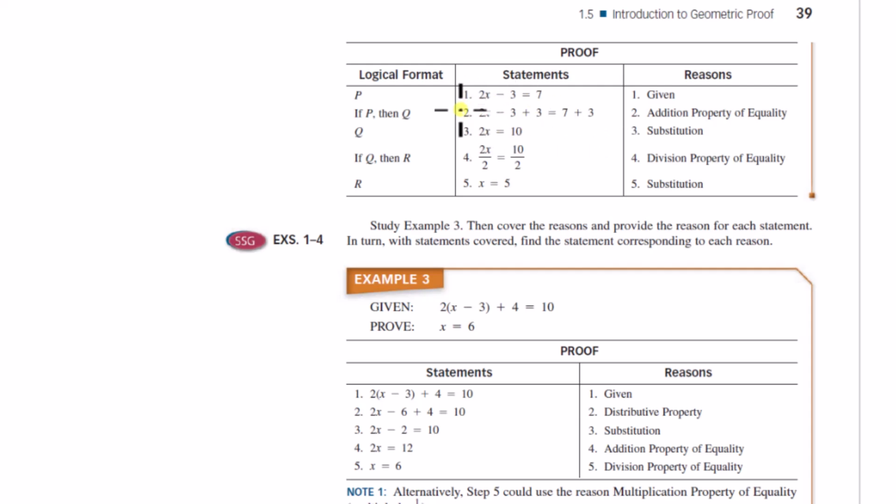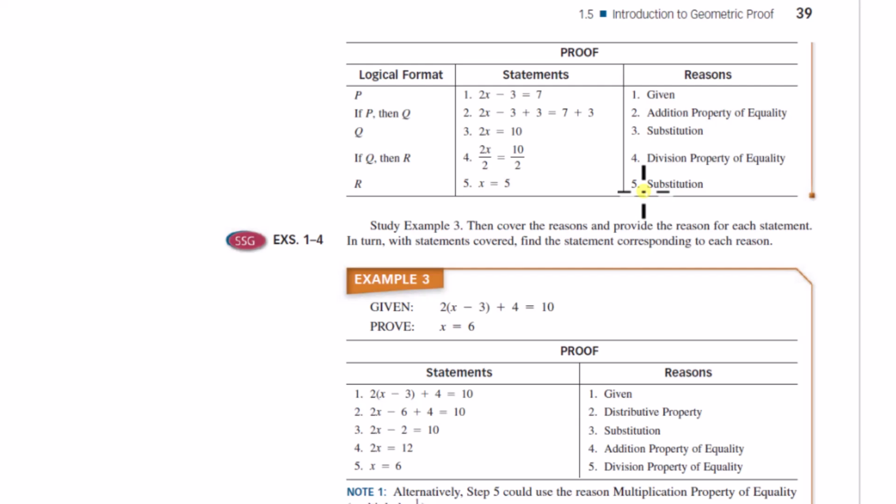If 2x minus 3 is equal to 7 is true, then this is also true based on the addition property of equality. Then 2x is equal to 10 based on substitution. What does that mean? Didn't you just simplify this? I'm not sure what they're talking about there. But then the division property of equality, you divide both sides by 2, and then finally R by substitution.